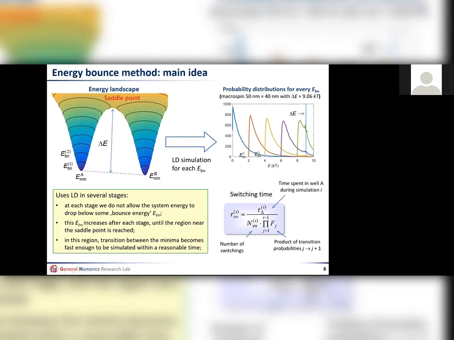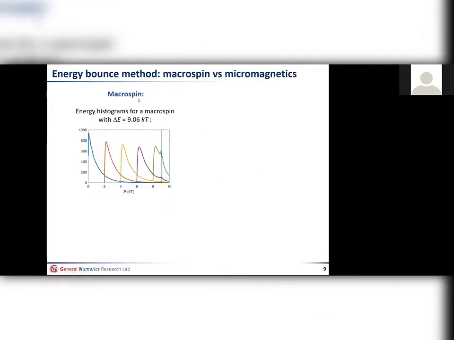And you should divide the switching time by the product of transition probabilities, which is simply the relation of the histogram you obtained by the Bohn's energy y divided by the Bohn's energy y plus 1. So the problem is how to compute these transition probabilities. For the macrospin, as I said, it is quite simple. You can simply divide this area by this one.